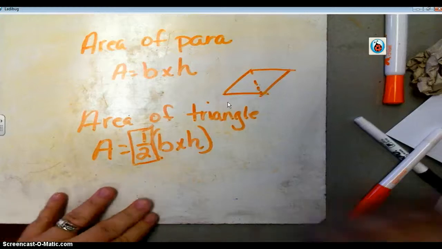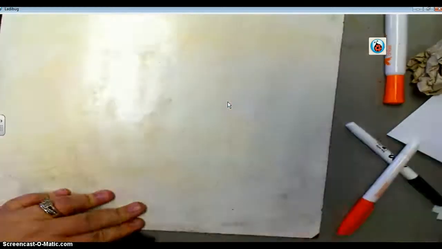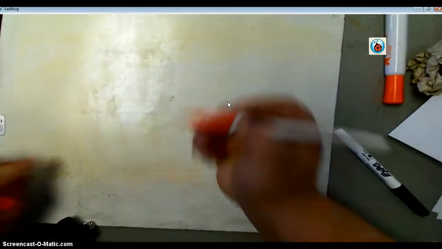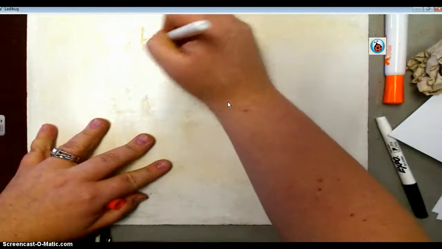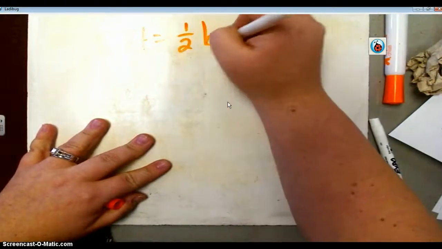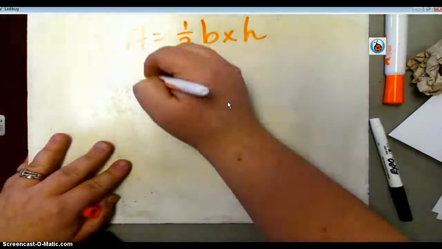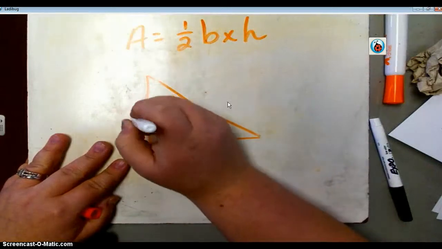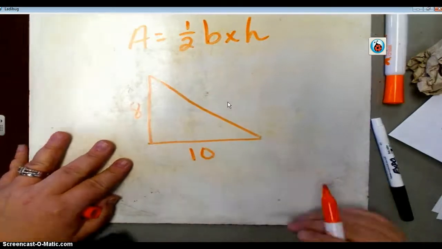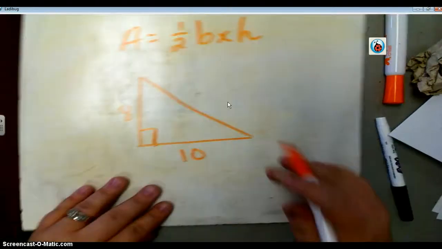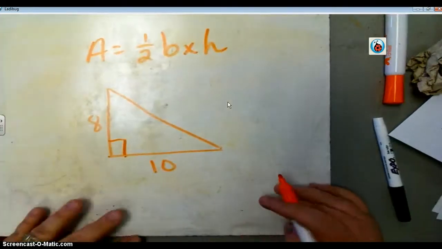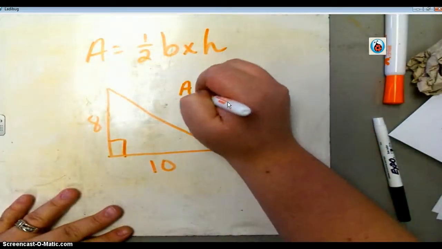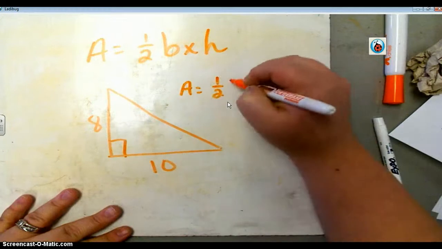Okay? Let's put this formula into action. So, I know area equals 1/2 the base times the height. And I'm going to have a triangle. And I'm going to tell you the height is 8 and the base is 10. So, if we were to find the area of this, I would say area equals 1/2.